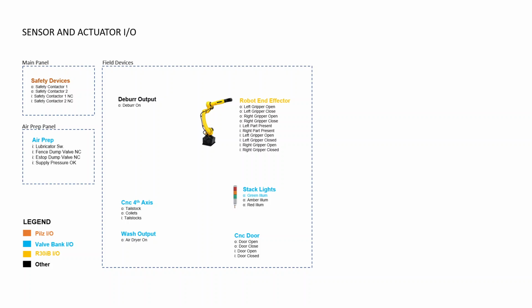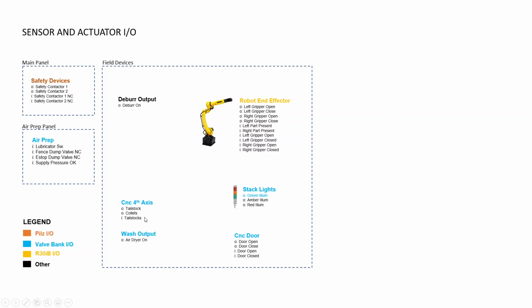And then we also have monitored supply pressure. In the field, we have a deburr output, which is actually its own standalone valve. The standalone valve itself is driven by the valve bank output, but the valve itself is a standalone valve.